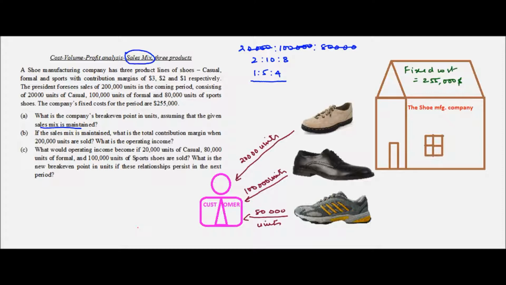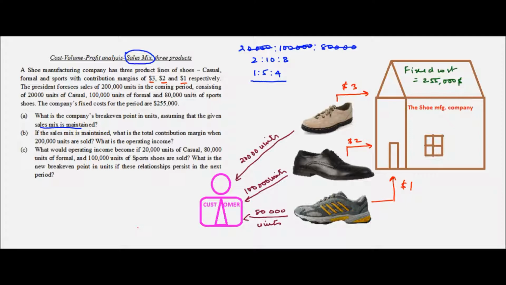We have also been given the contribution margins for each of these product lines. The casual shoes contribute $3 per shoe. The formal shoes contribute $2, while the sports shoes contribute $1.